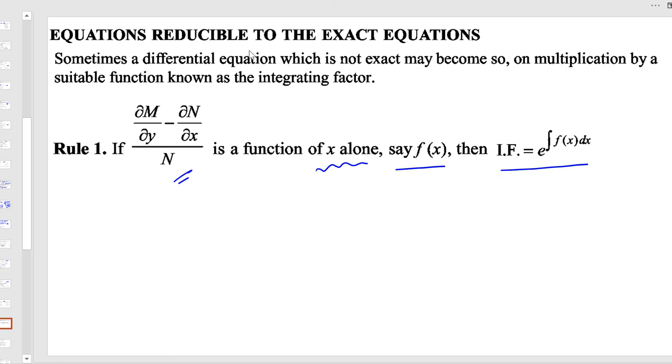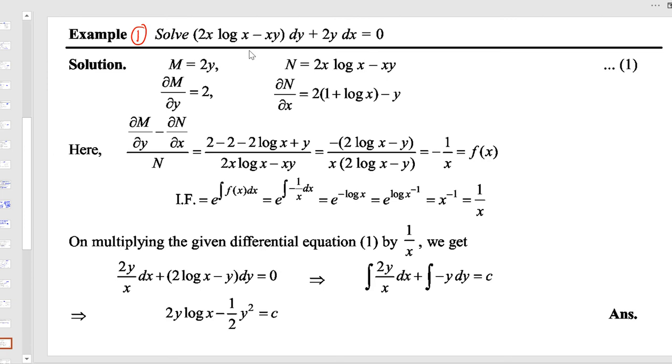Again, this is just applying the formula and solving the problem. Nothing much to explain. The only thing you have to remember is under which condition we apply rule 1. There are several rules that I will discuss one by one, and some particular examples are also given. Example and practice problem.